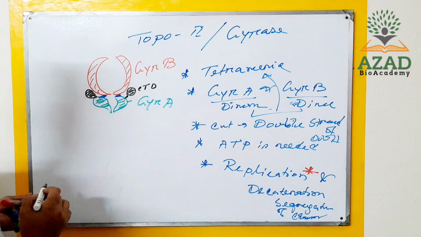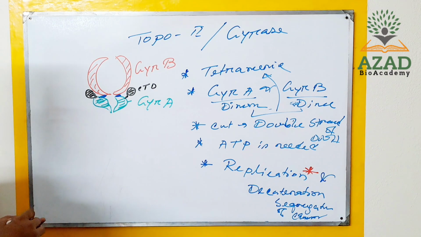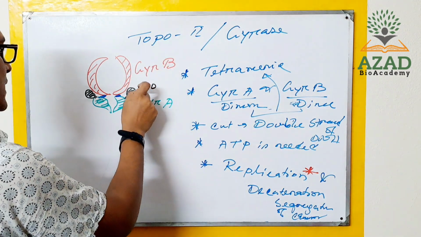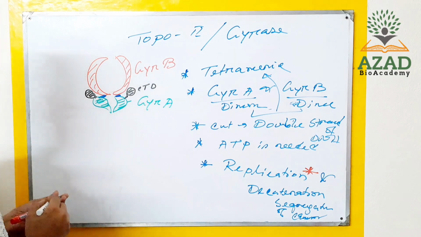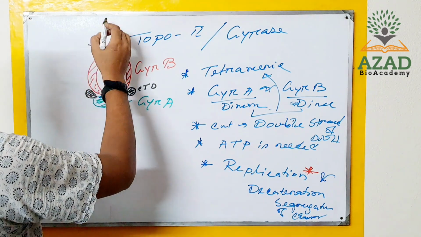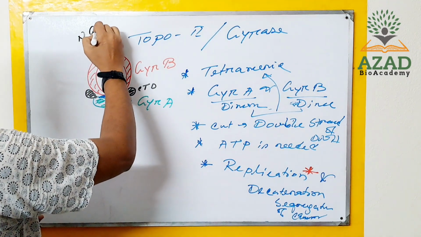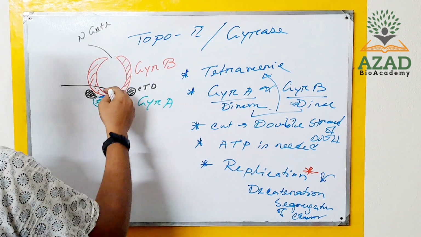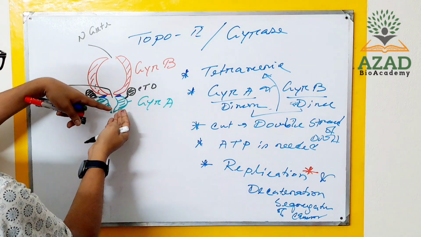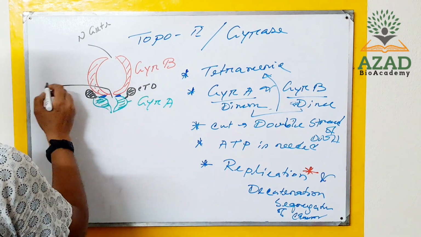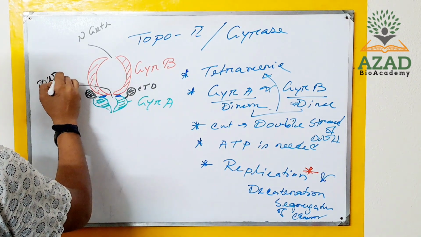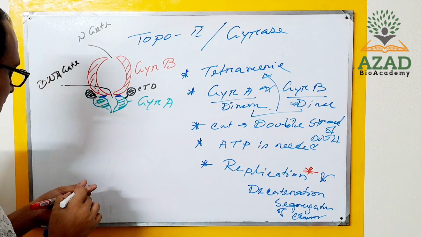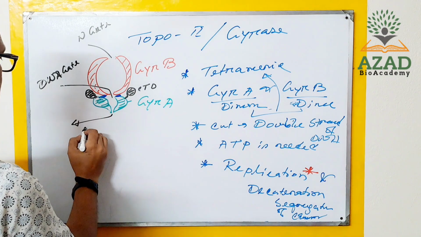It's very important. I will explain all the functions of it. So this is gate A, this is gate B, and this is the C-terminal domain, and this gate is called the N gate, and the gate in between gate A and gate B is called the DNA gate, and this gate is called the C gate.